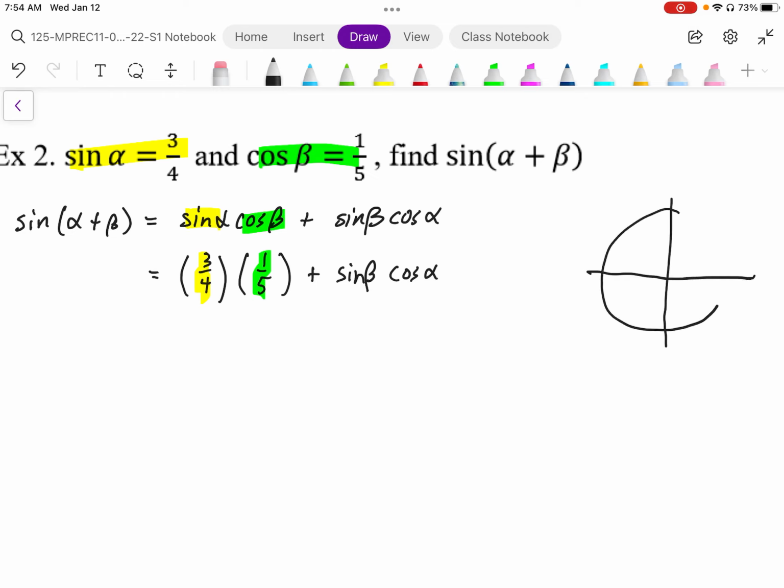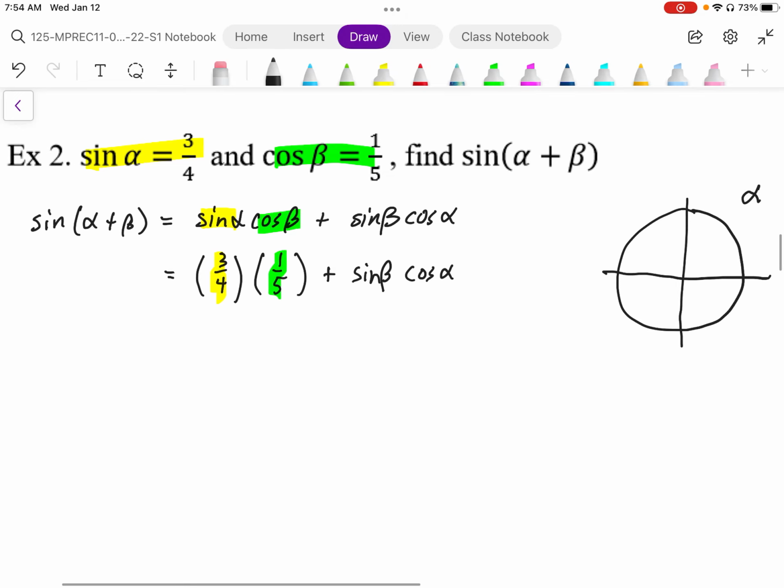But I can get those because I have been given sine alpha. So if I've been given sine alpha, I can draw a picture for alpha. And for sine alpha, we really should qualify, let's just say, make sure that this is in quadrant 1 and quadrant 1. Because if we don't specify it's in quadrant 1, we actually can't draw alpha and beta.